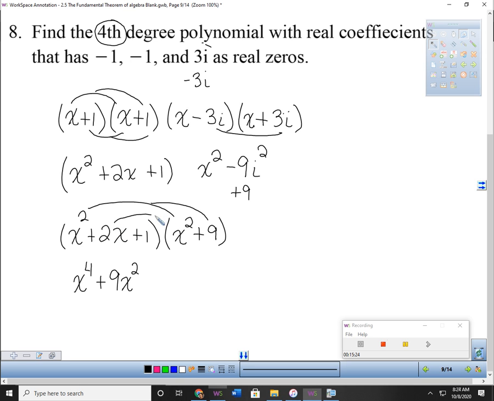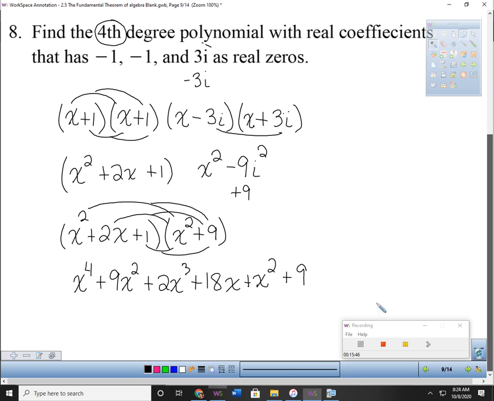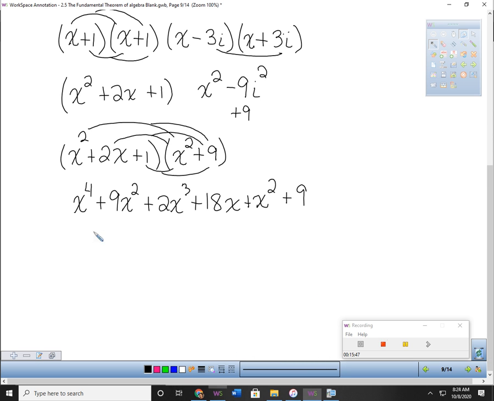Then you've got 2x times x squared is 2x to the 3rd. And 2x times 9 is 18x. Then you have 1 times x squared is x squared. And 1 times 9 is 9.